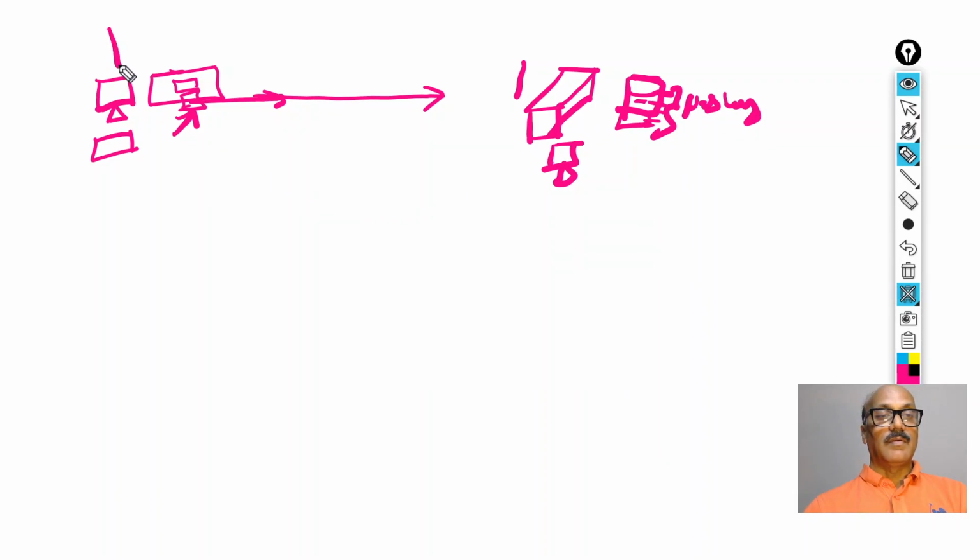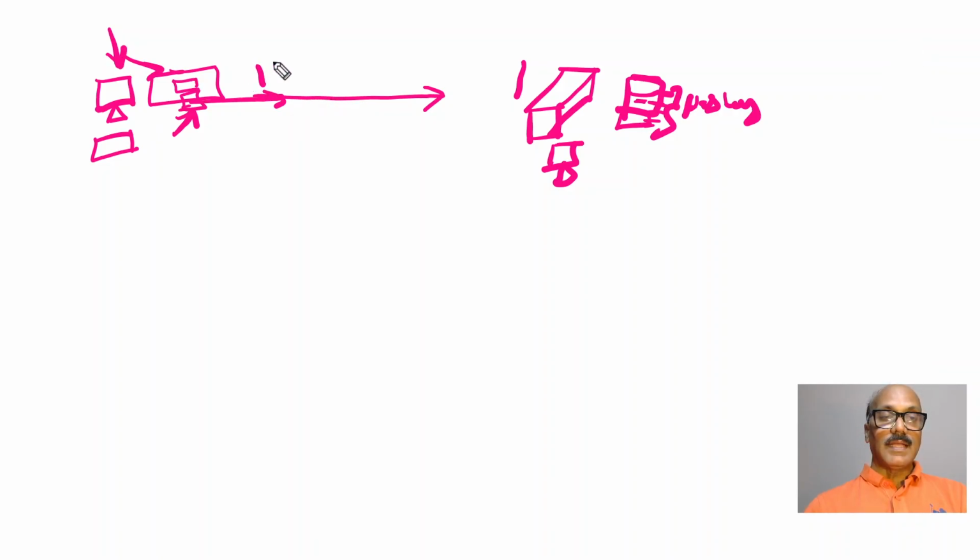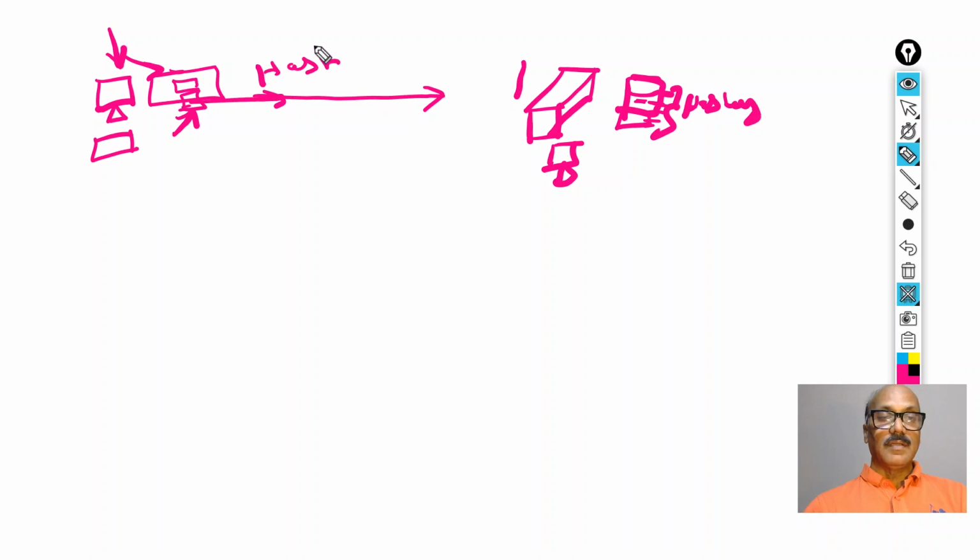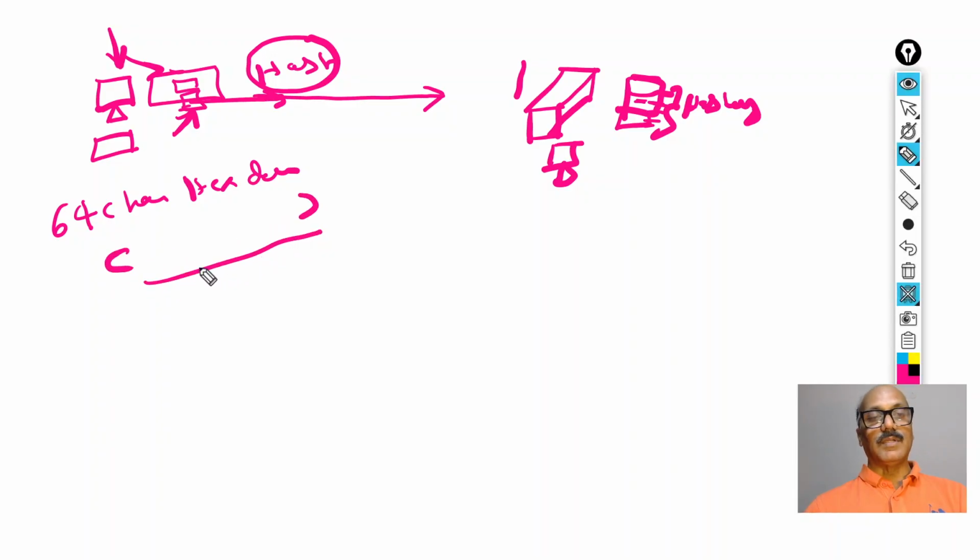So when a user provides a password, instead of sending a password, we are sending a hash of that password. Remember how you generate a hash? Using a hash function. The input is password, output is a 64 character hexadecimal fixed length output. So this hash travels here.